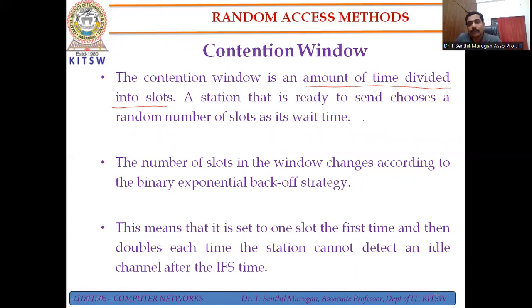So the time is split into slices, and each station will take random slices. According to the slices, it has to wait to transmit the signal. The number of slots in the window changes according to the binary exponential backoff strategy.